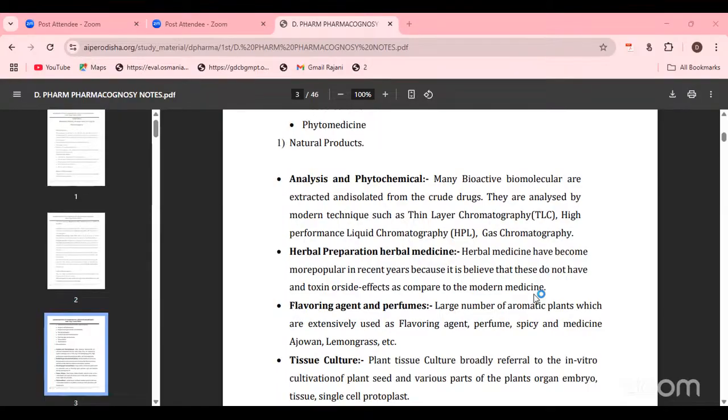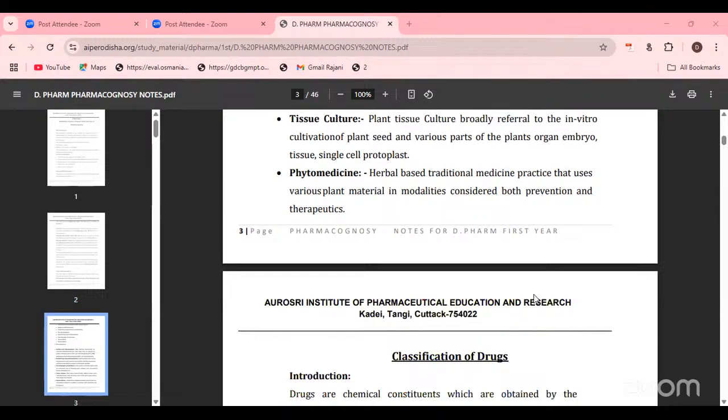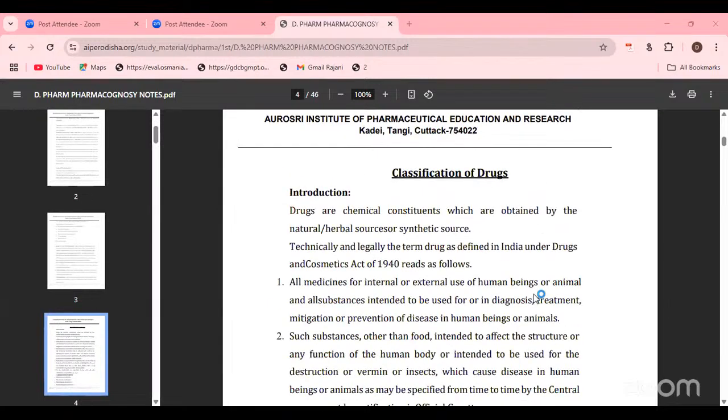Plant tissue culture, in vitro culture, herbal.